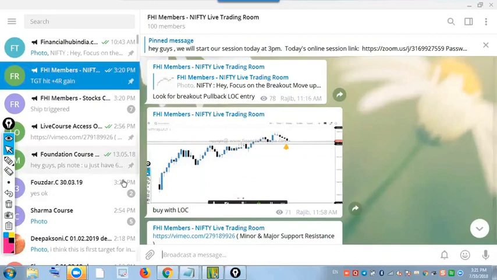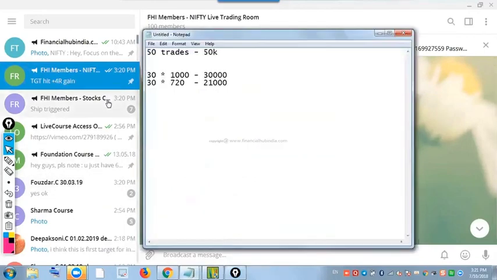Let me know if you have any money management question apart from what I'm saying. So here I was talking, we have 50,000 as our risk amount, but it is 50 trades for 1,000 rupees per trade, because on 30 trades you'll be hitting this.